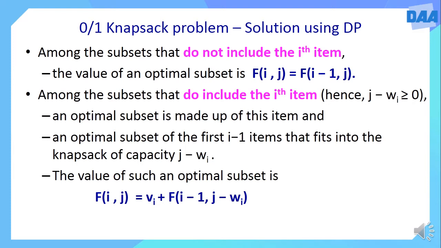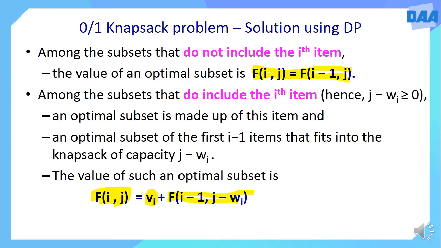So while including the ith item, the relation can be derived as f of i,j is equal to the profit of the ith item, that is the value of the ith item, plus the profit of the knapsack items before adding the ith item, that is f of i minus 1, j minus wi. So these are the two cases for the optimal solution: with adding the ith item and without adding the ith item.